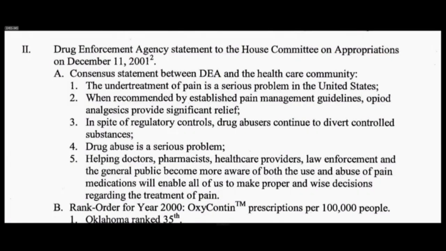Okay, and if we look at the next section on this page, what the OU Health Sciences Center presented to the board members was the Drug Enforcement Agency, the DEA statement to the House Committee on Appropriations from December 11th, 2001, right? The next page or the next section? The next section. The next section, yes. And one of the things that they noted and referenced was a consensus statement between the DEA and the healthcare community that the undertreatment of pain is a serious problem in the United States, correct?